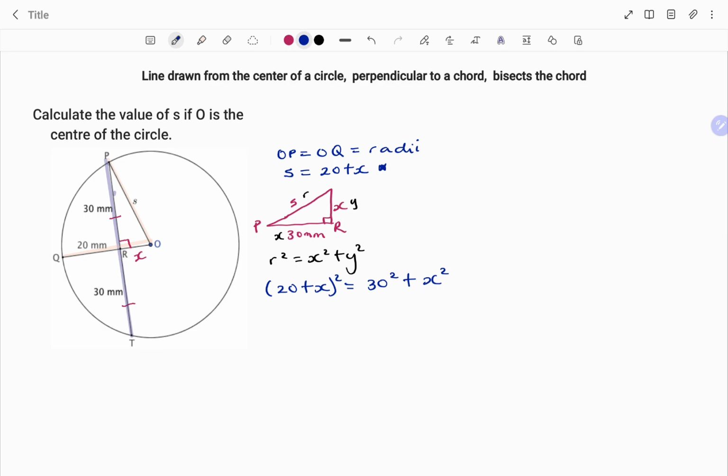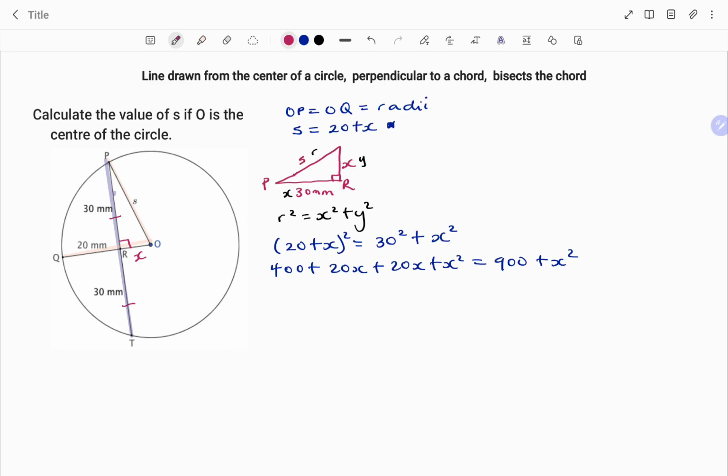Expanding the bracket, using the FOIL method, I have 400 plus 20x plus 20x plus X squared equals 900 plus X squared. Using the balance method, I'm going to collect like terms. I start by subtracting X squared from both sides. 20x plus 20x will give me 40x.